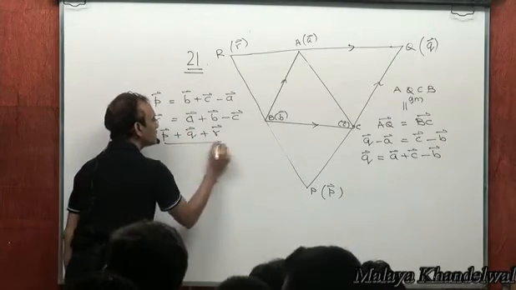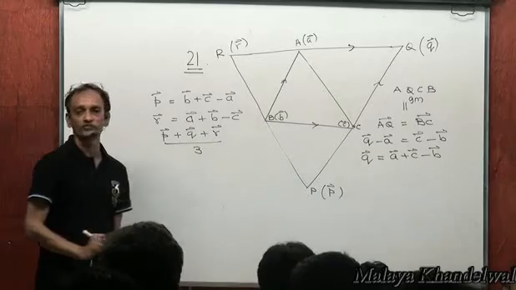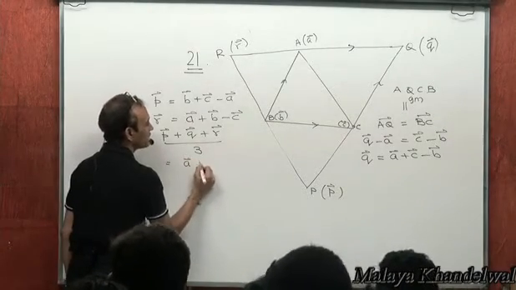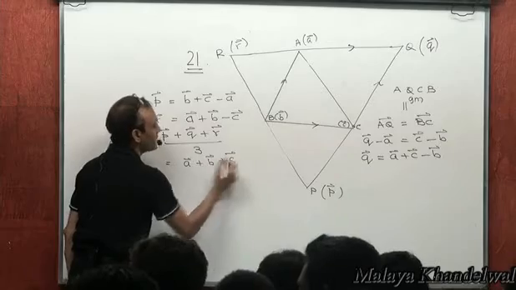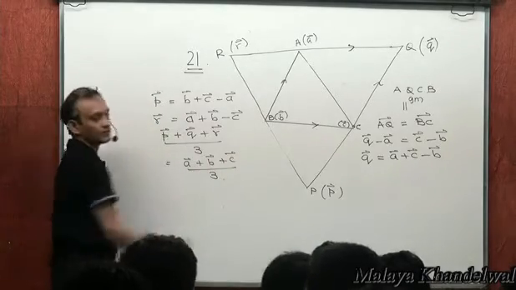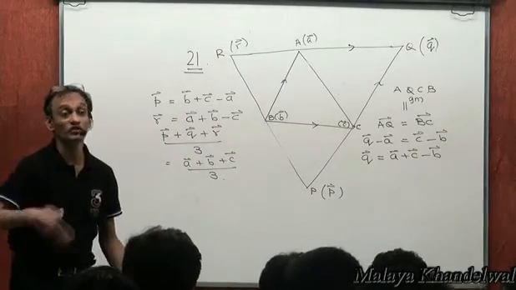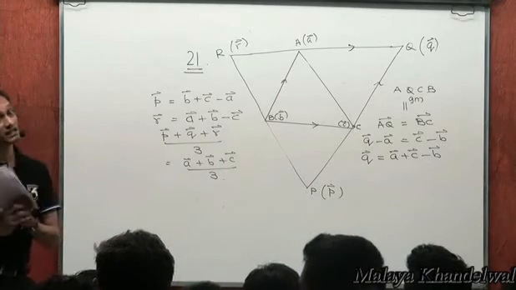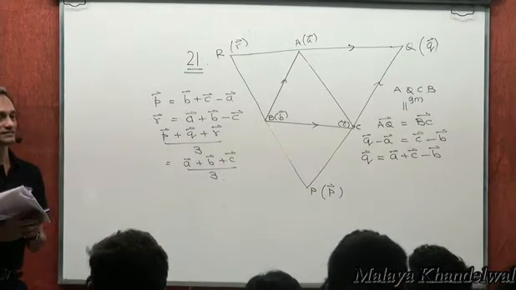The sum by 3 is going to be the position vector of the centroid of triangle PQR, and this you realize is A plus B plus C by 3. It coincides with the centroid of triangle ABC. Remember this as a result.